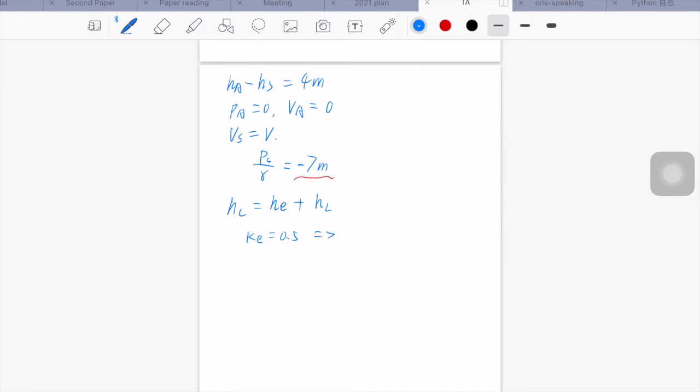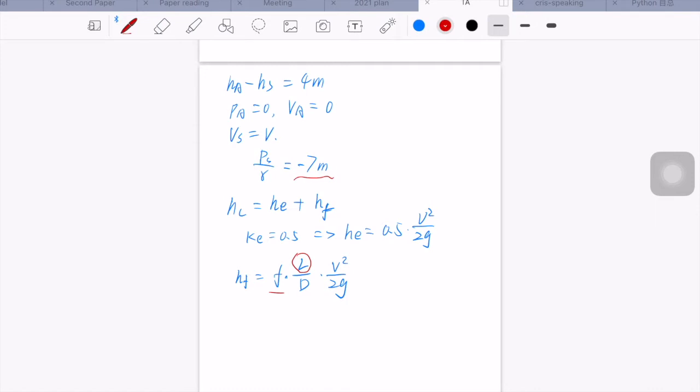So we can find the entry loss equals 0.5 times V squared divided by 2G. And according to the Darcy equation, HF equals F times L divided by D times V squared divided by 2G. And the length is the value that we need to determine for this problem.